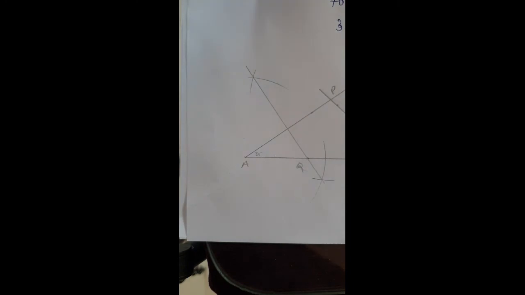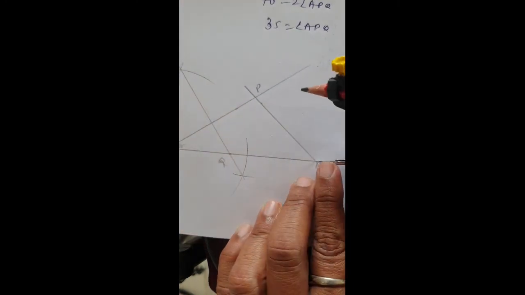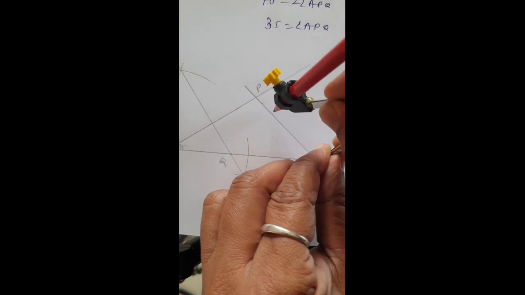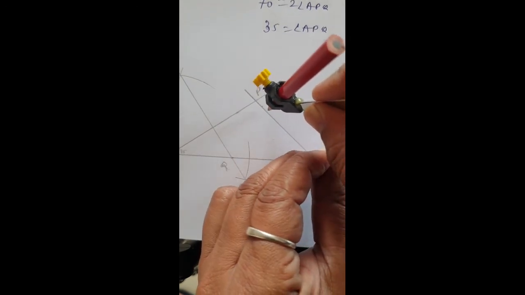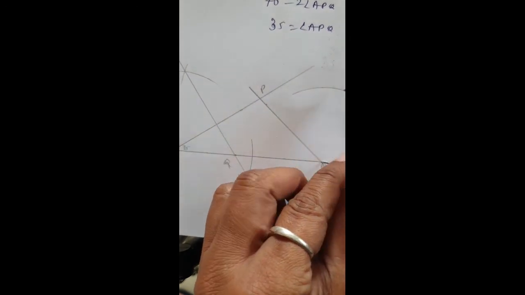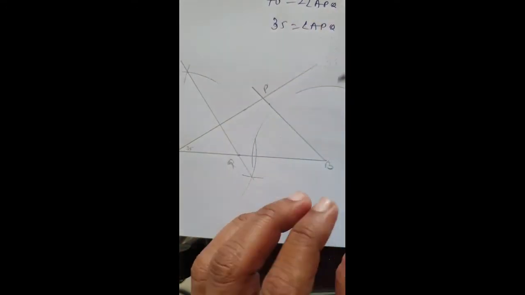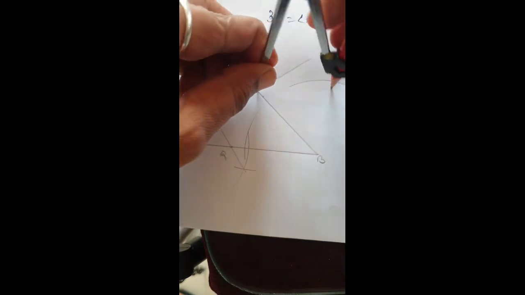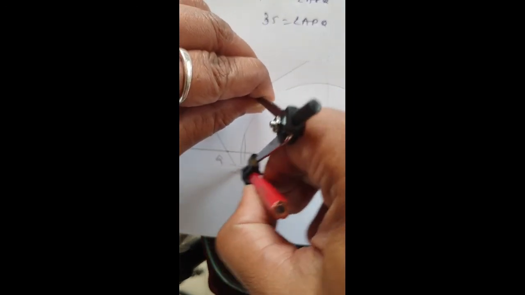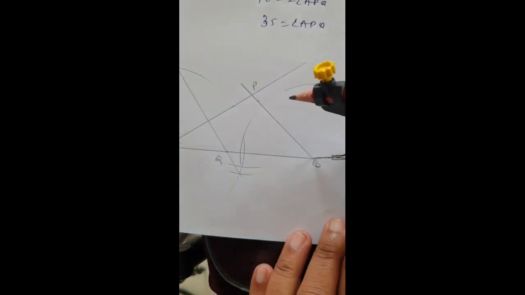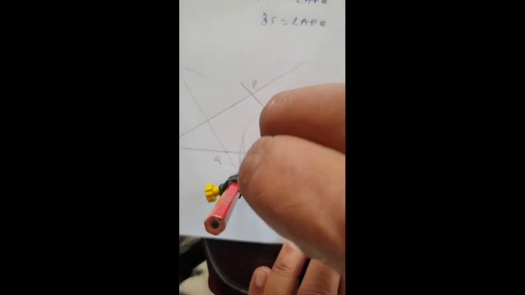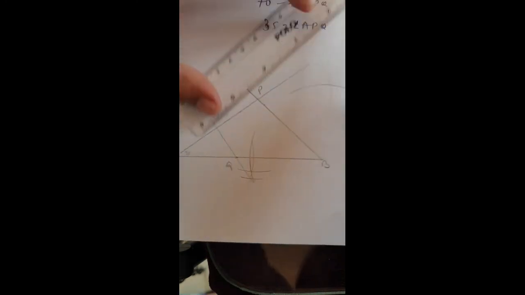Okay. Repeat the same procedure for the segment PB. Draw the perpendicular bisector. Take some distance on a compass. Draw an arc from B, and then do the same thing from P. Join the points of intersection, so you'll get a perpendicular bisector.